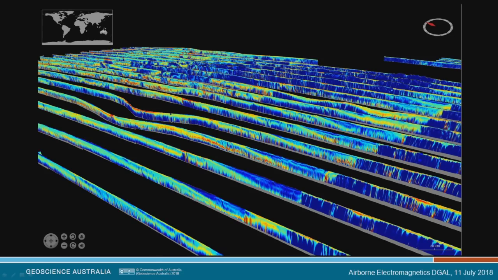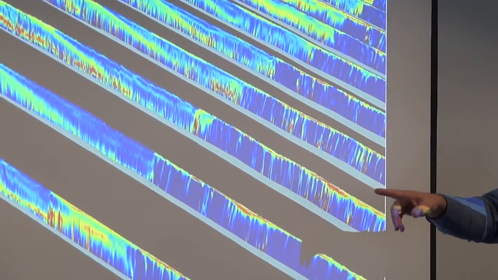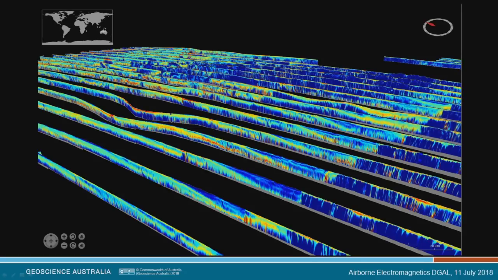When we talk about cover, I would like to draw your attention to these lines. This yellow line is a feature that extends over several hundreds of kilometers. If it surfaces, we would lose it if we were just standing on that ground. But you can see clearly it's continuous over several hundreds of kilometers. Interesting features. We need our geology goggles to explain what all of these things mean.